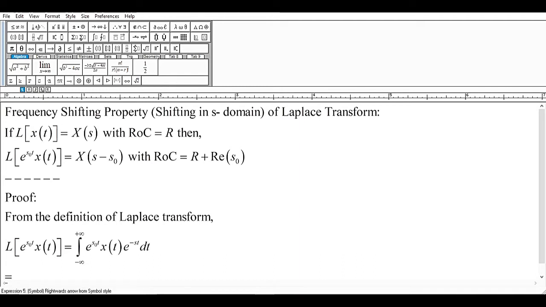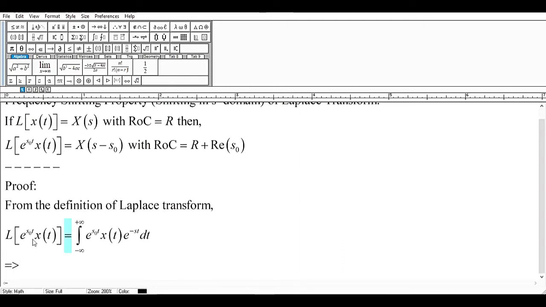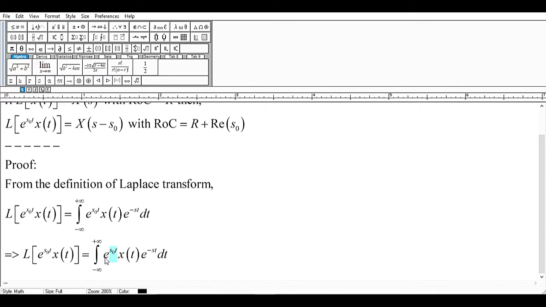This can be rewritten as Laplace of e^(s0 t) x(t) equal to integration from minus infinity to plus infinity of x(t) into e^(-(s minus s0)t) dt. Let us call it equation 1.